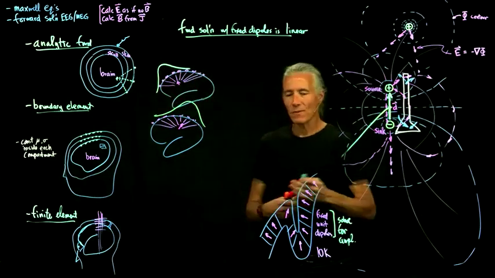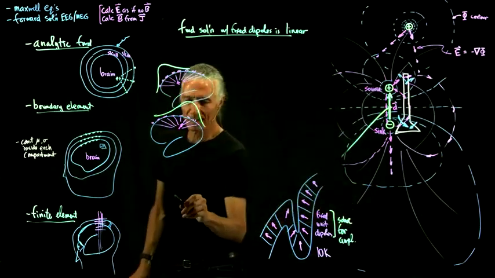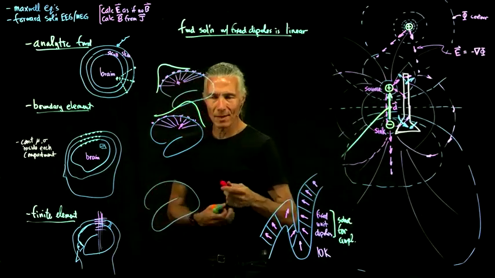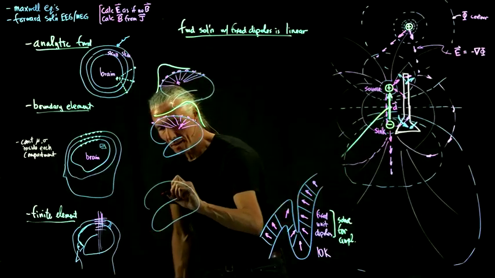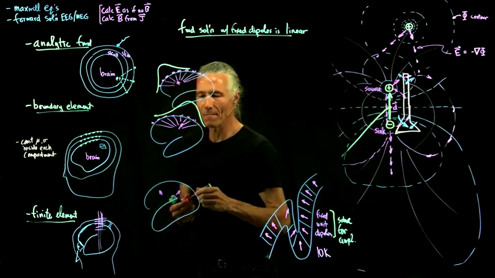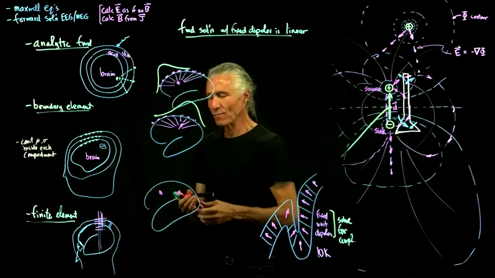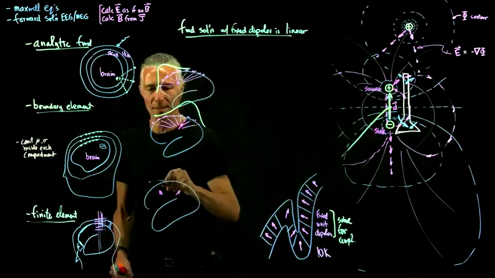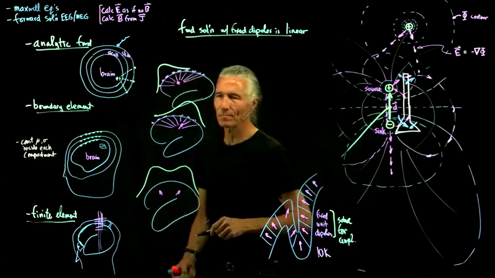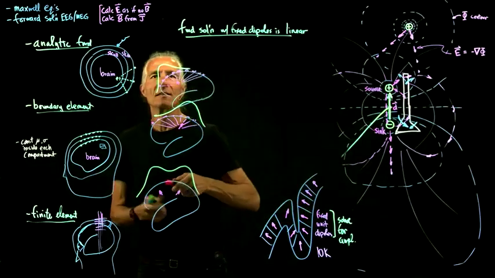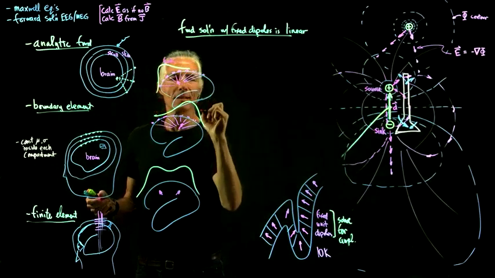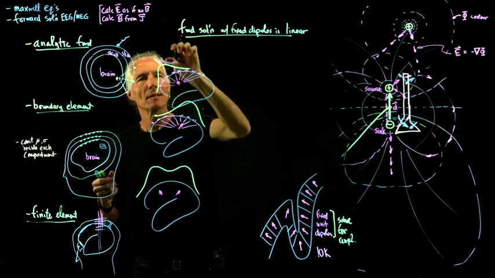And the fact that the forward solution is linear means that if we turn on both of those at the same time, then we can predict what the forward solution is going to be just by adding those two forward solutions together. So basically we'll get the sum of those two. This is forward 1, that in green, and forward 2.